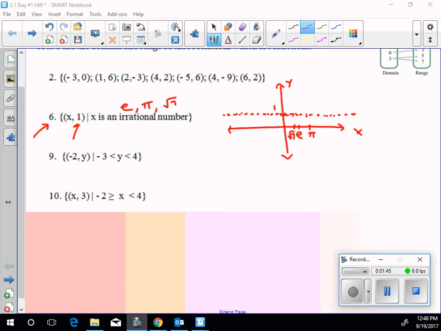That's why this problem is not my favorite, because children go, so your domain is all reals, and your range is 1. Gross. Can we not do that again today?